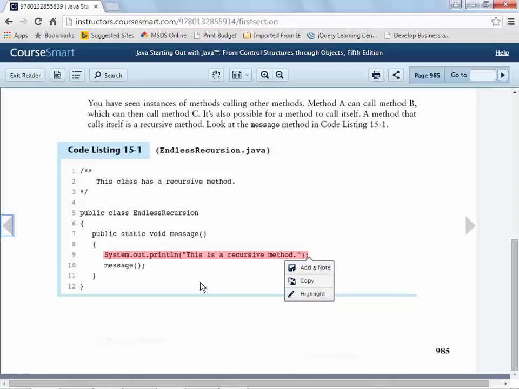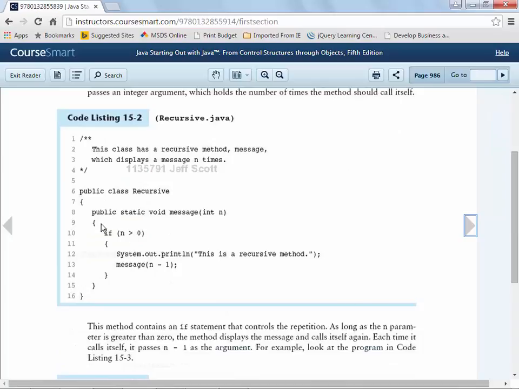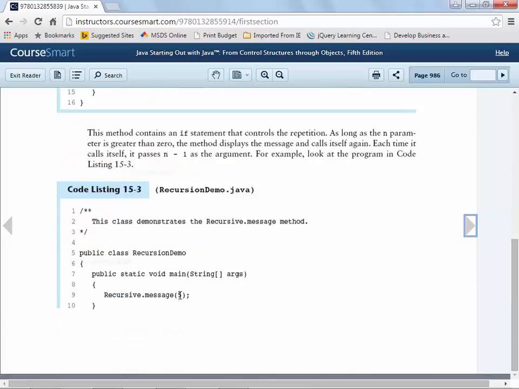It wasn't a recursive call, though, as you see right here. Now, in this example, it says this is a recursive method, but you only want to do it while n is greater than 0. All right, well, when you run it, we're calling it 5 times.